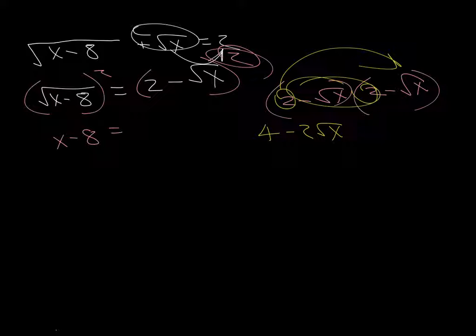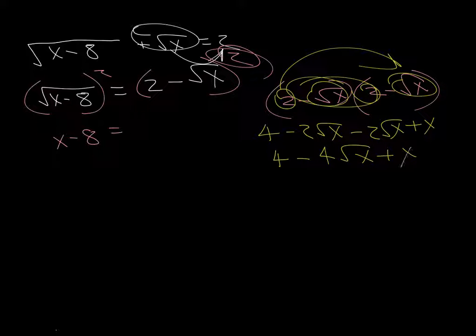Then my inside, then my last. So I have 4 minus 4 square root of x plus x.